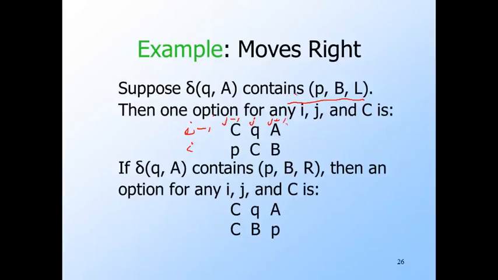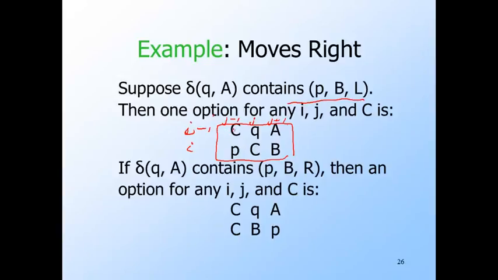Okay. Then, one possibility for the 6 variables represented by this rectangle is the combination that is reflected here. That is, the state has become P and has moved to the left.